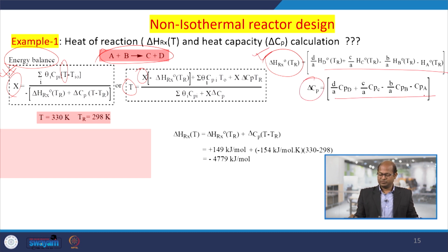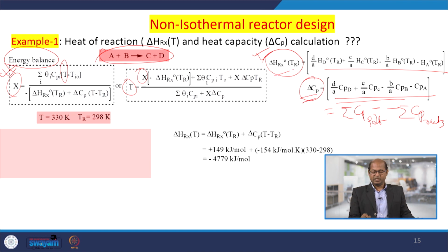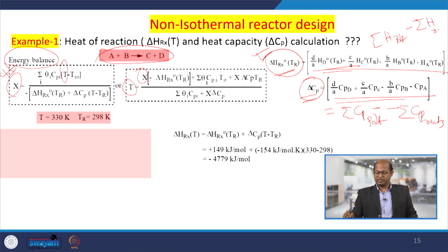Heat capacity we can write as the summation of Cp of products minus the summation of Cp of reactants, that is delta Cp. Similarly, the heat of reaction is the summation of the heats of reaction of products minus that of reactants.